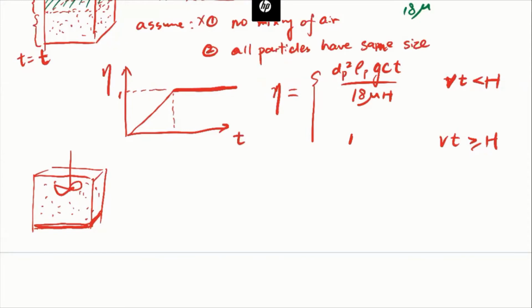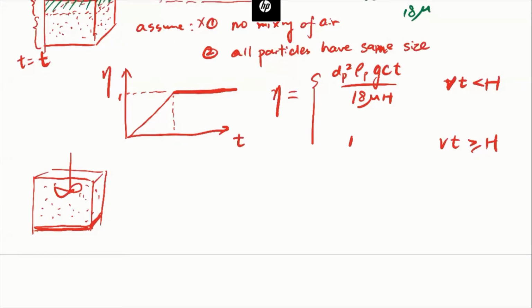So we can basically use another mass balance to look at this problem. Let's just calculate the change rate of the particles in the system.